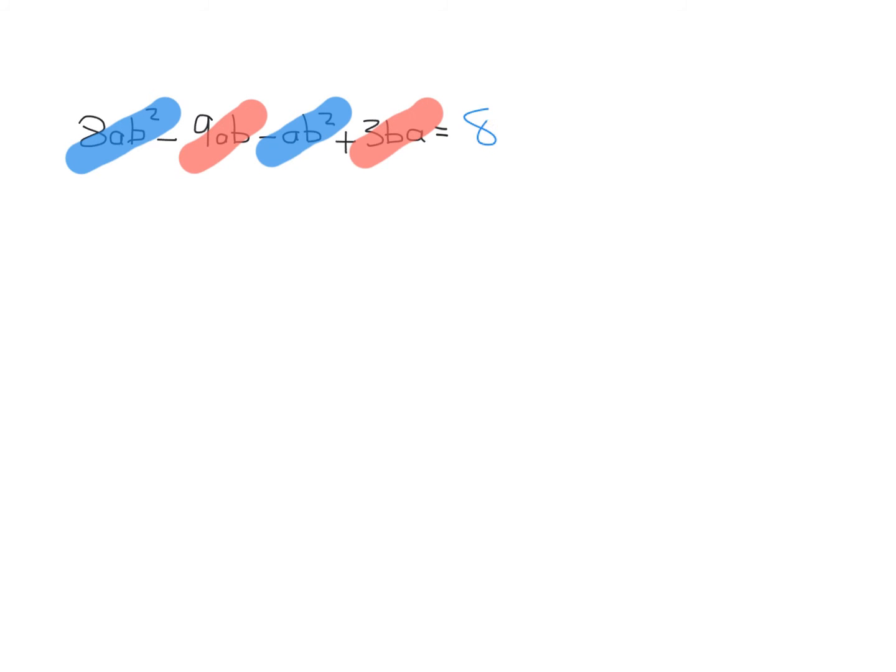We have 8ab squared, subtract ab squared, subtract 9ab, add 3ab. Next we simplify, so we solve that, and then we solve that.